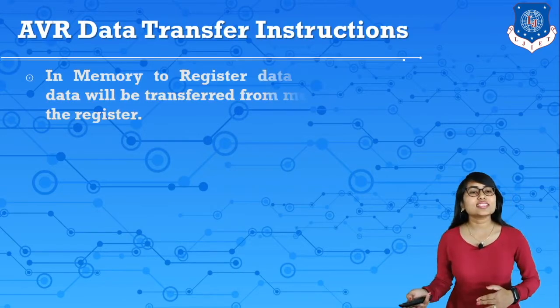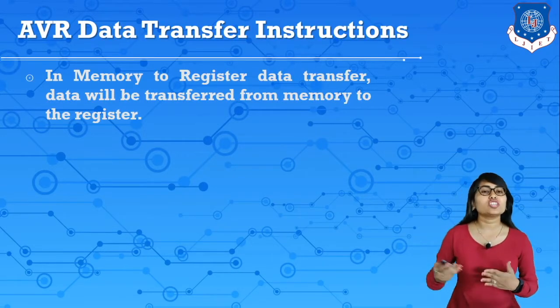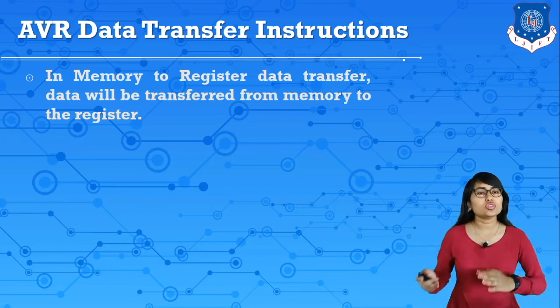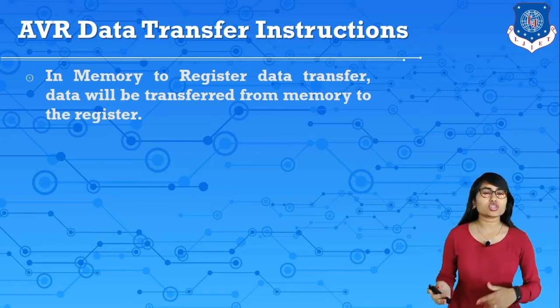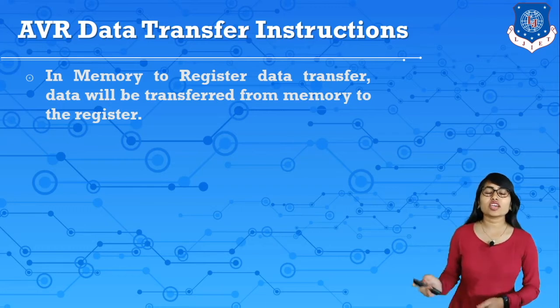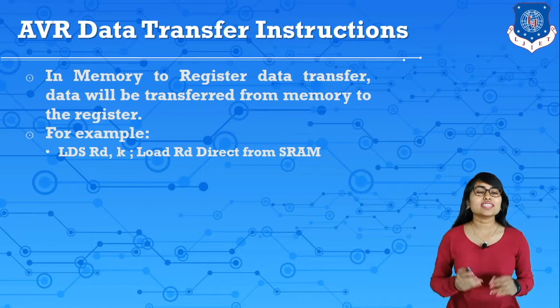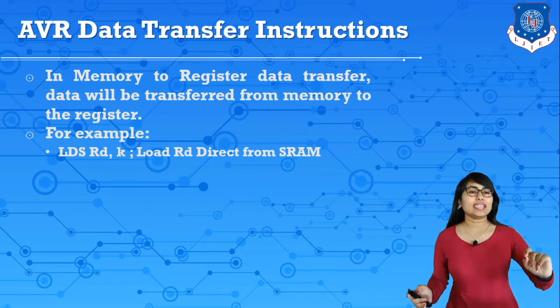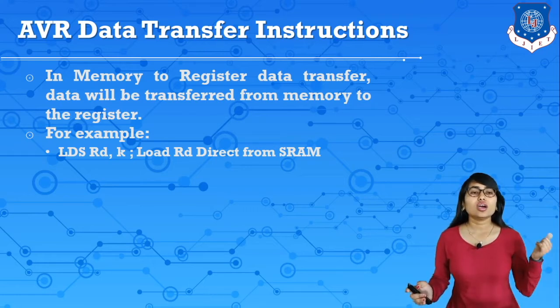Now next, we have memory to register transfer. In a memory to register data transfer, data will be transferred from memory to register. The instruction for this is LDS, load data from SRAM. To store data we have STS, then to load data we have the LD instruction.